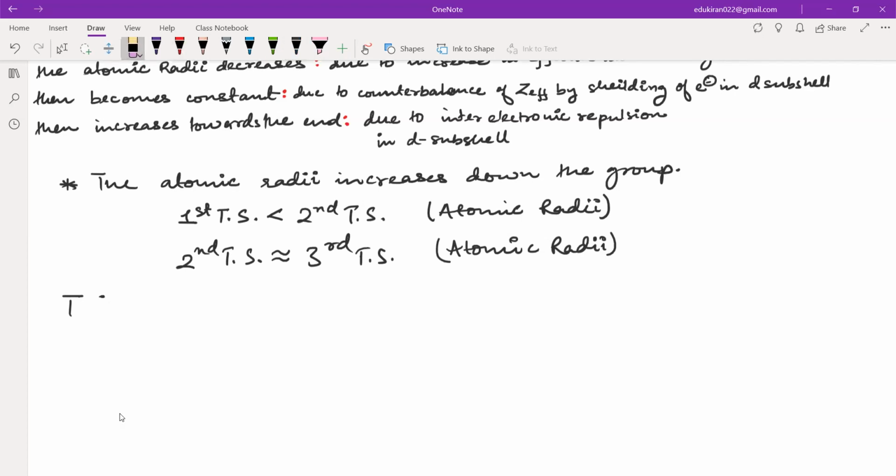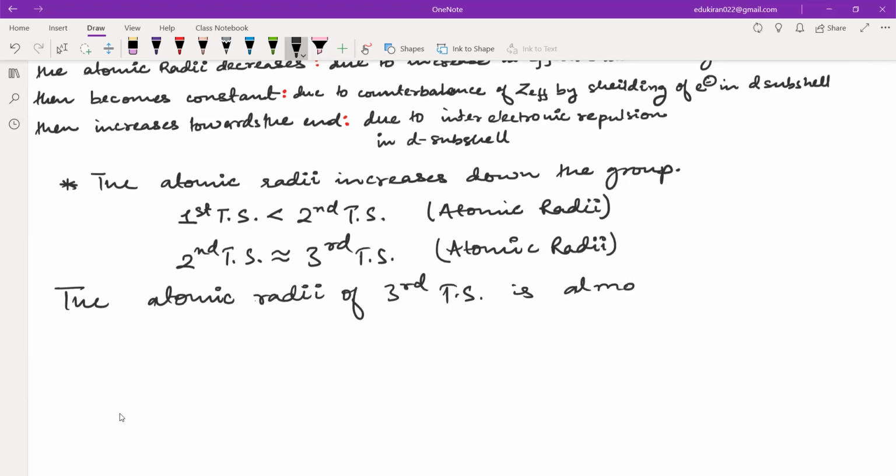Wait a second, let me write it like this. The atomic radii of third transition series is almost similar to that of second transition series.